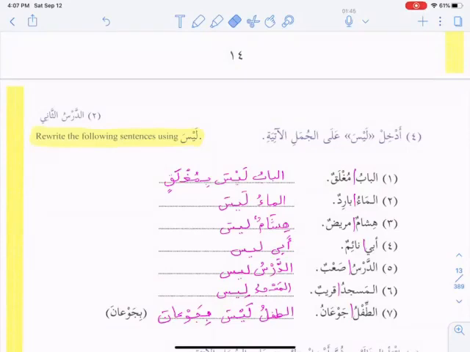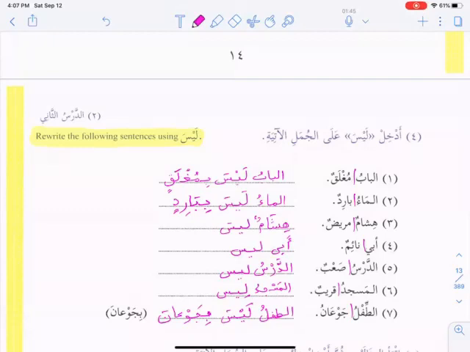Al-ma'u baridun. The water is cold. Now you say, Al-ma'u laysa bi baridin. You'll have to write down bi. Hishamun maridun. Hisham is sick. Hishamun laysa bi maridin. See, only laysa comes here.